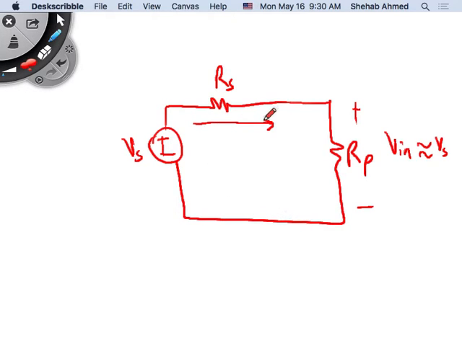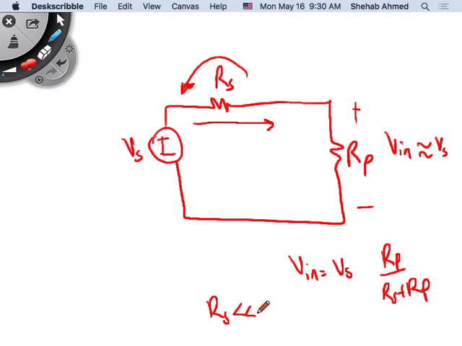If I have current flowing, that means I have a voltage drop across this resistance. It's something I would like to prevent or minimize as much as possible. So to minimize it, what did we say the condition was? V input is equal to Vs times Rp over Rs plus Rp, and we said that we want Rs to be a lot smaller than Rp.